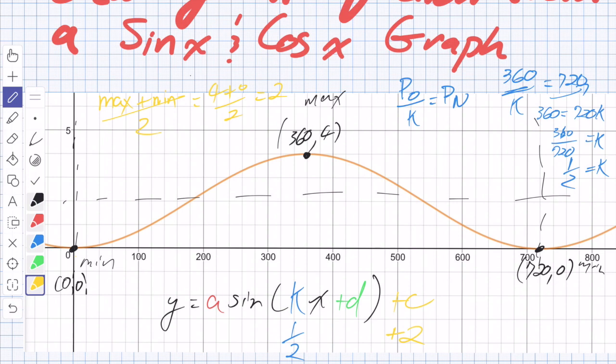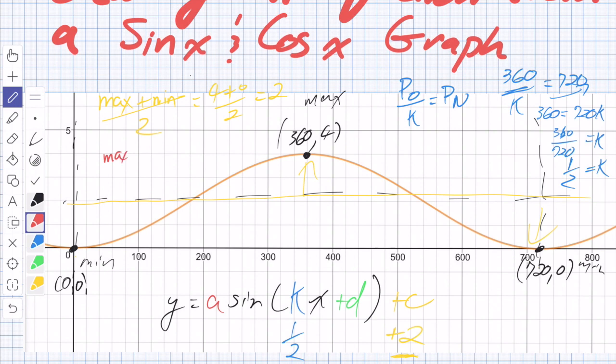Great. Now that we have positive 2, what's the difference? How far is it from 2 to the max and the min? Well, this is pretty simple too. Literally just take the max and subtract the equation of the axis, and vice versa. The reason we do both is just to make sure we got the right number.